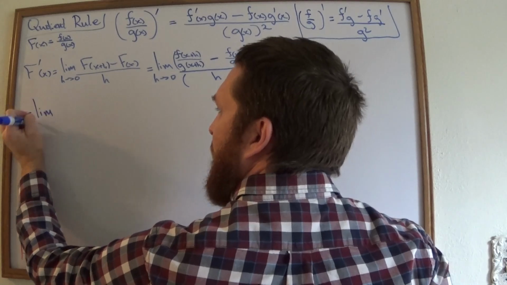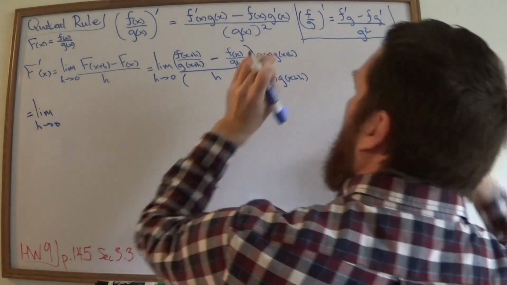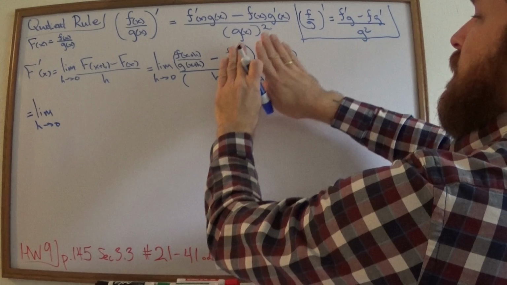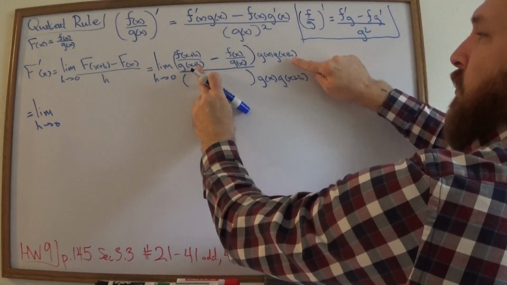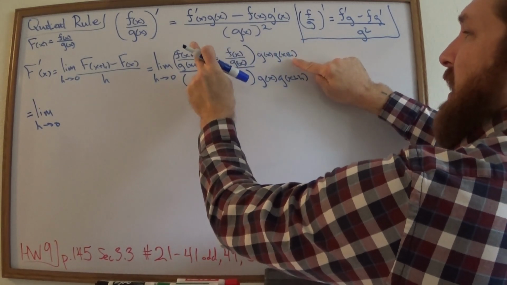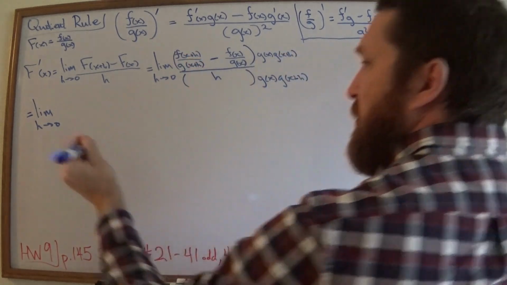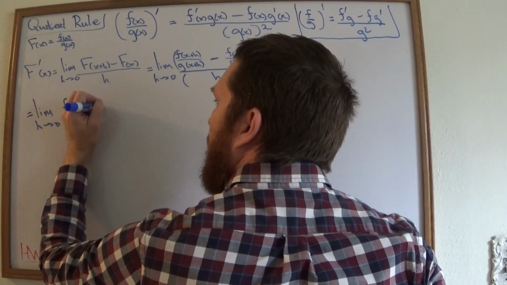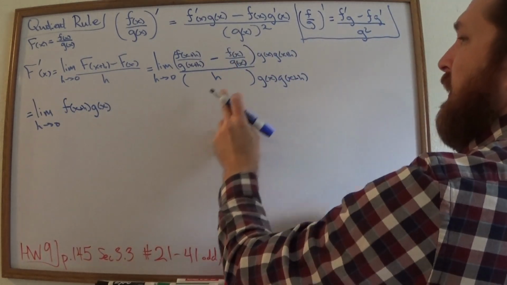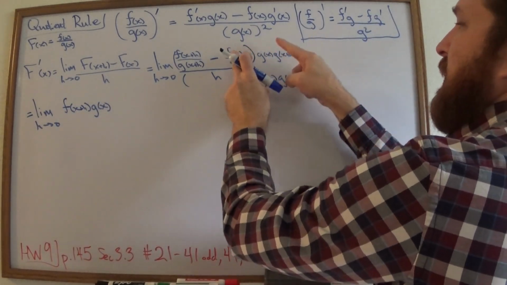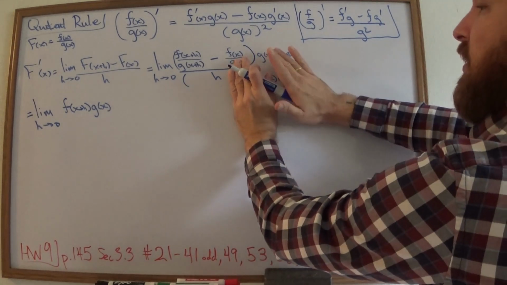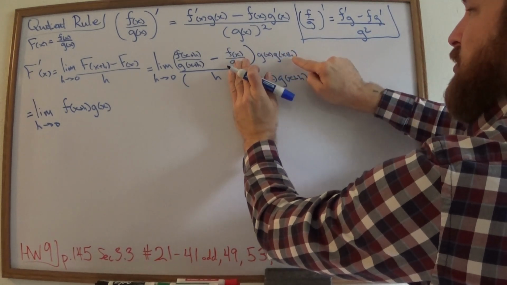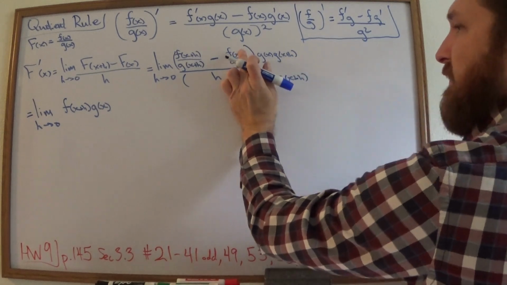I have the limit as h goes to 0 up top. The g's come over, that one kills that one, and so I have f of x plus h times g of x. This one jumps over and kills that one. The g's are gone, and I have g of x plus h times f of x.